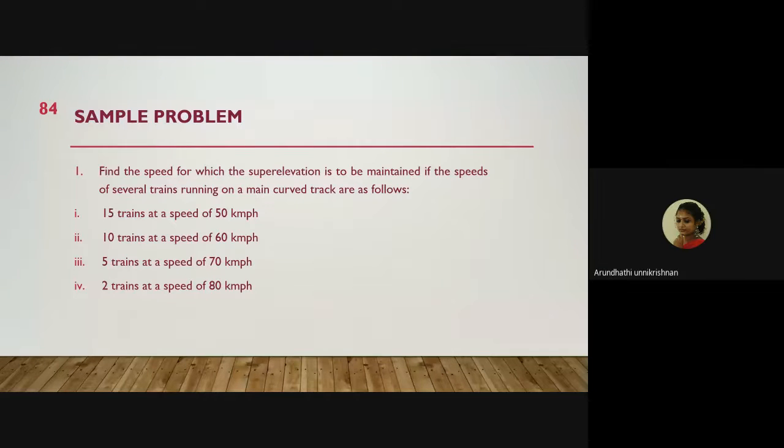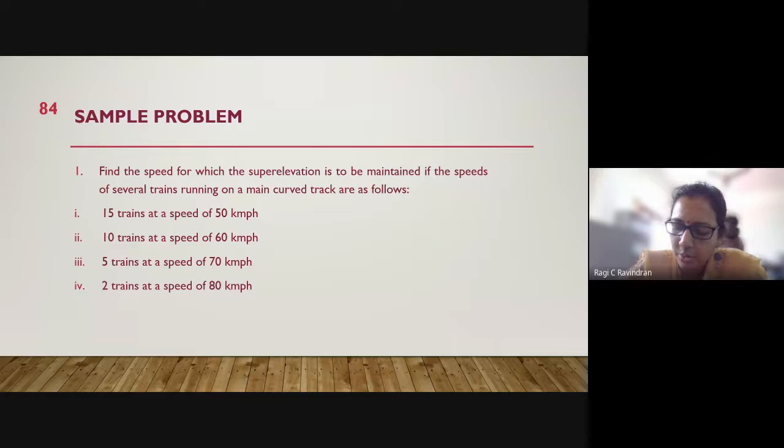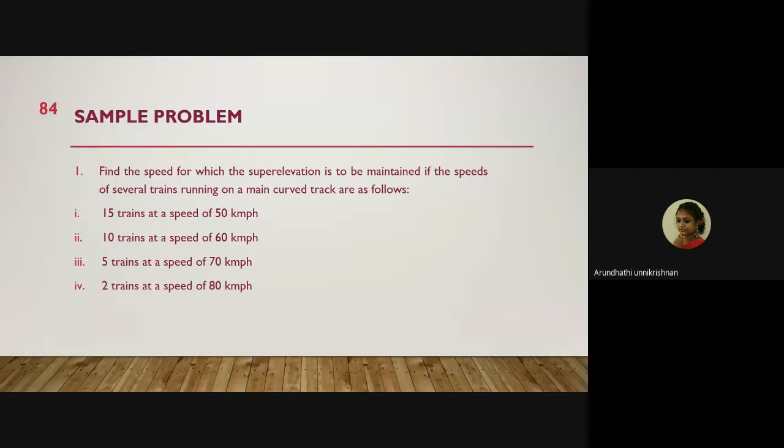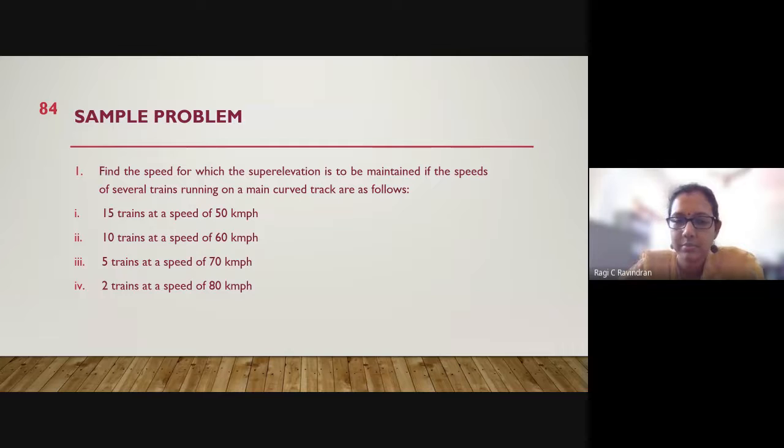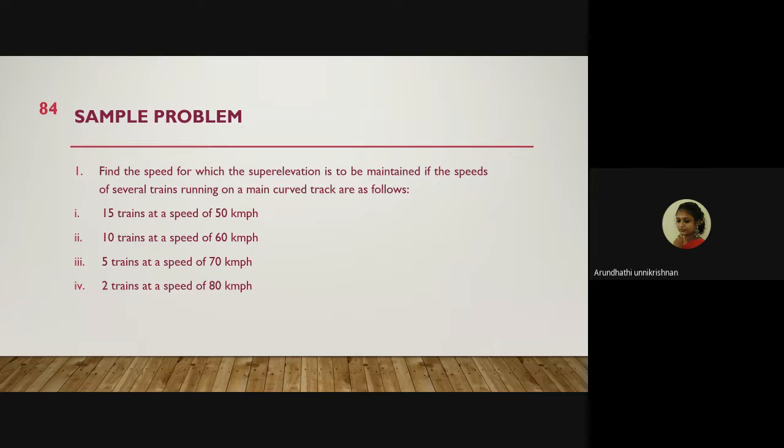You need to do the weighted average method to find out the equilibrium speed or the average speed, right? Sigma NV by N. N1 V1 plus N2 V2, and so on for everything, divided by the number of trains.